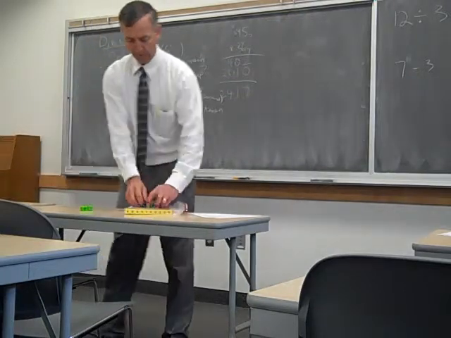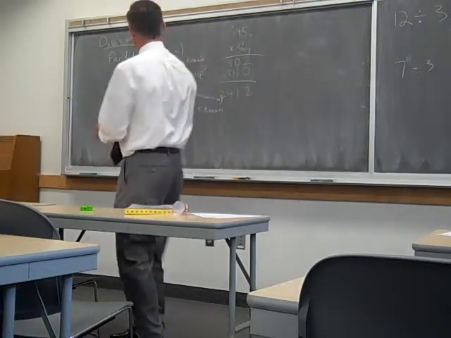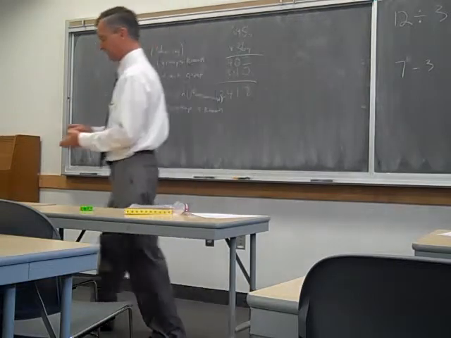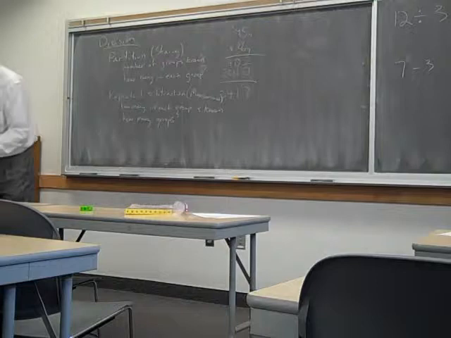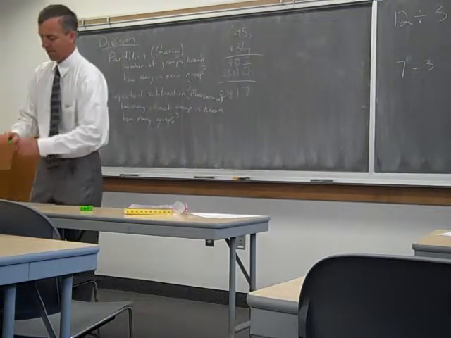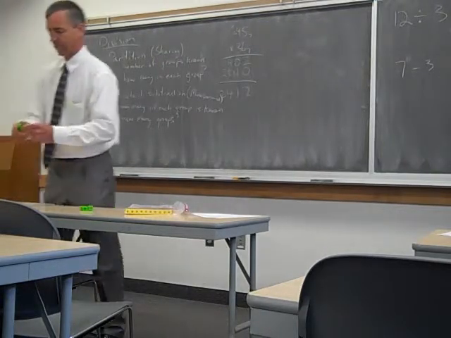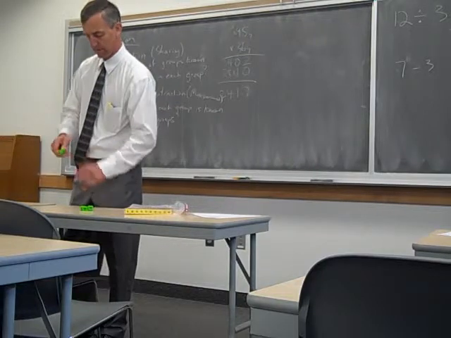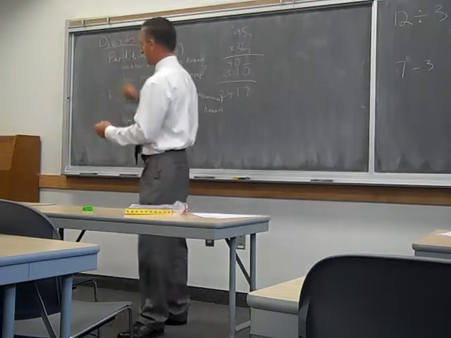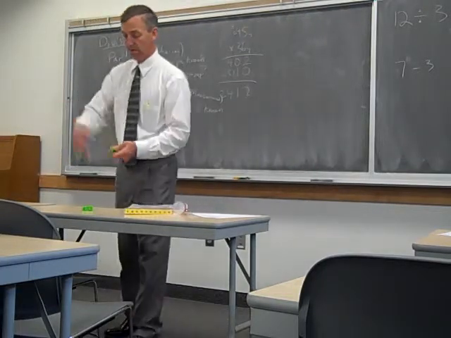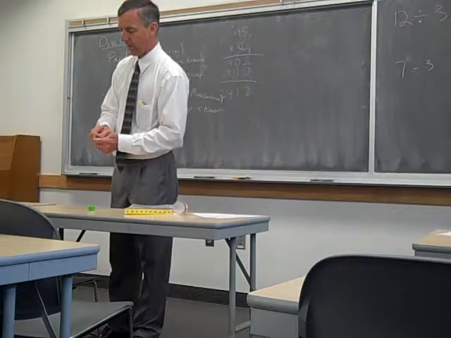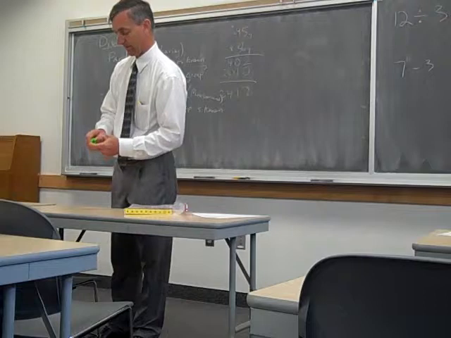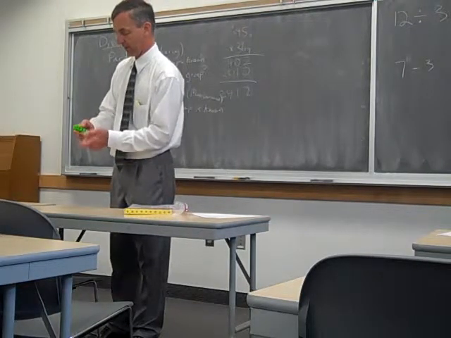So if we go back to the original problem of 12 divided by 3, we should always start with the dividend, with both models. The sharing one, we share one at a time until they're all gone. Then we know we're done.